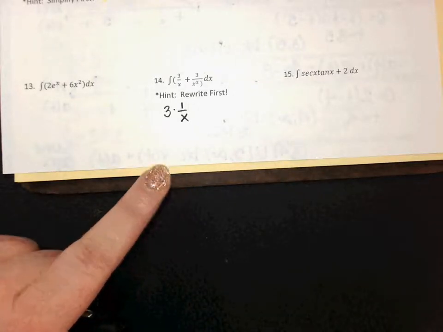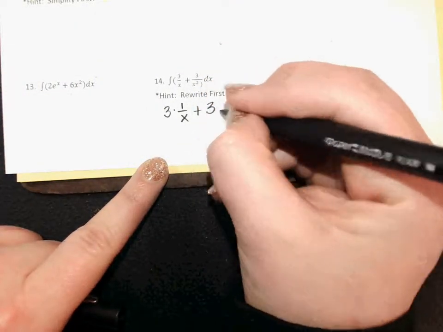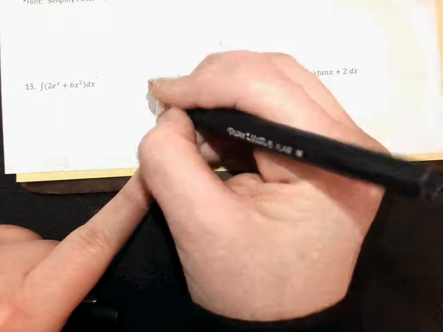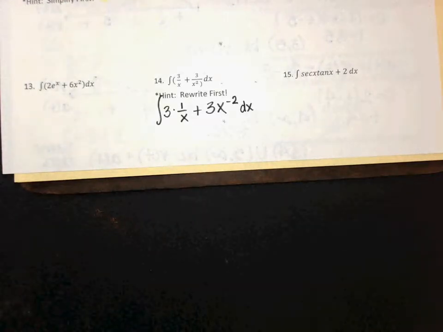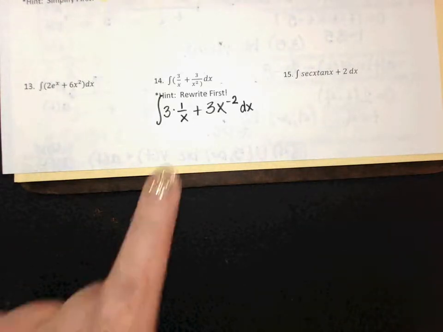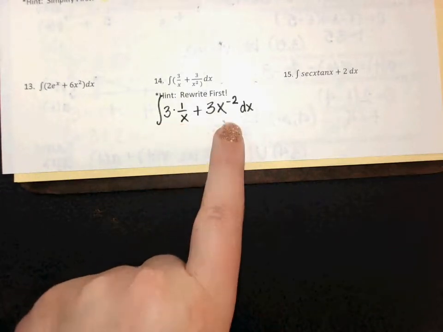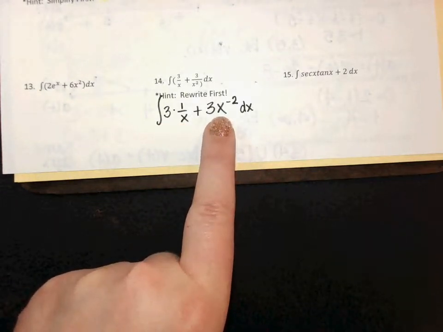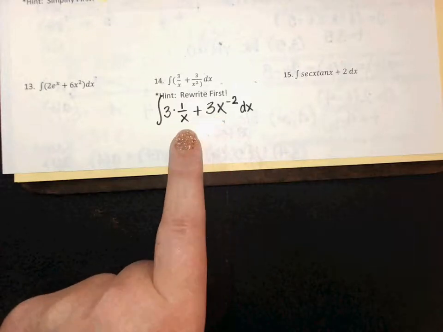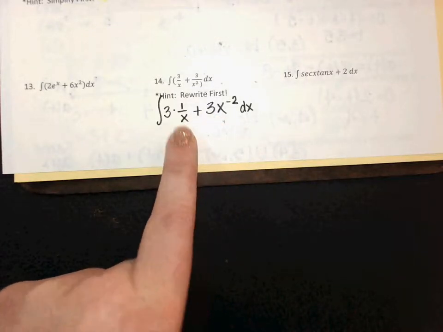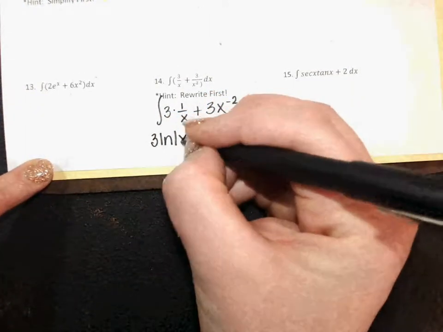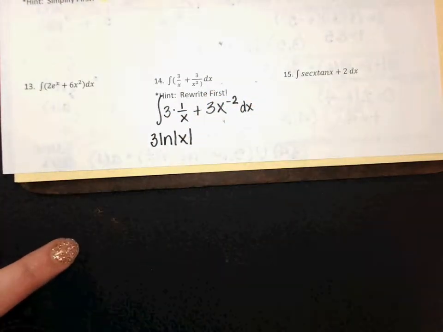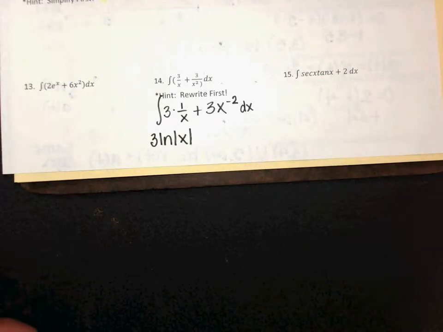ln x. Very good. Now, for the second one, it's going to be x to the minus 2. Y'all see that? So the 3 gets separated, 1 over x stays, because we have a special rule for that. But on this one, we're pulling that x to the 2 up, turning it negative. So, antiderivative, what's the antiderivative of 3 over x? ln x. Technically, it does have an absolute value there, which we'll practice more as we go through the year.